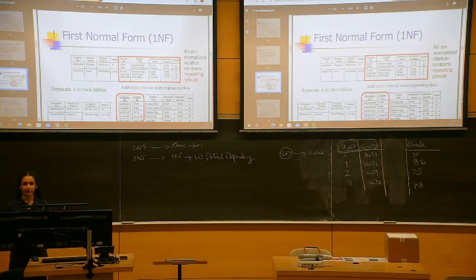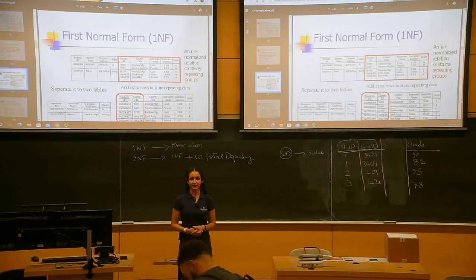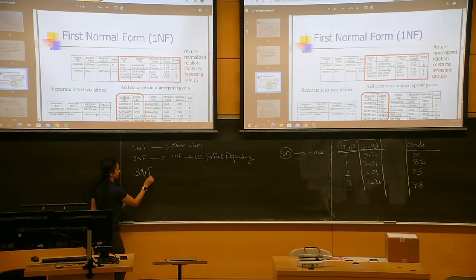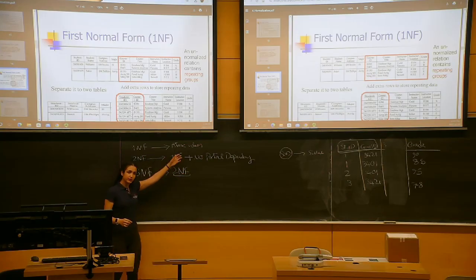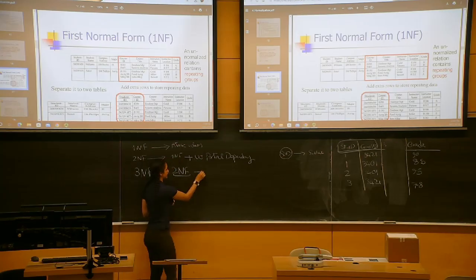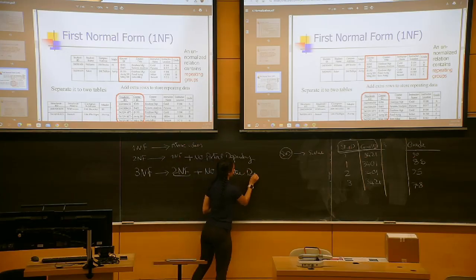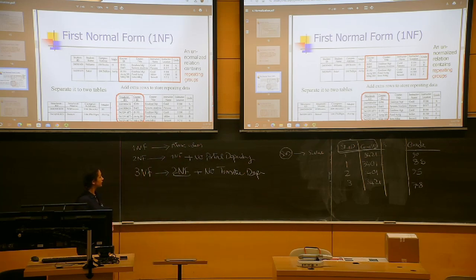Is it in 3NF? Immediately no. If a table is not in 2NF, it cannot be in 3NF, even if there is no transitive dependency. So for a table to be in 3NF, it should be in 2NF, which means it's already also in 1NF, plus no transitive dependency.